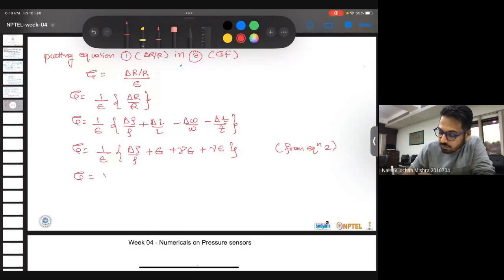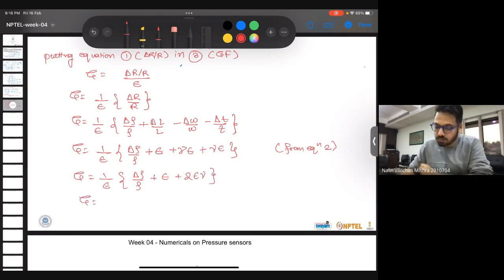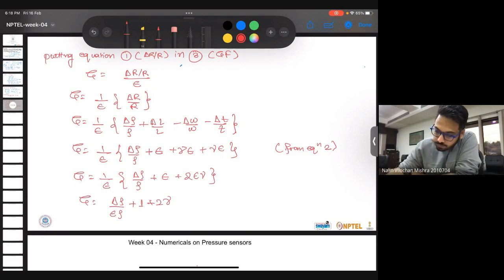So finally we'll obtain this. We can divide this by strain. So finally we'll have change in rho by rho epsilon plus 1 plus 2 nu, equation 4.